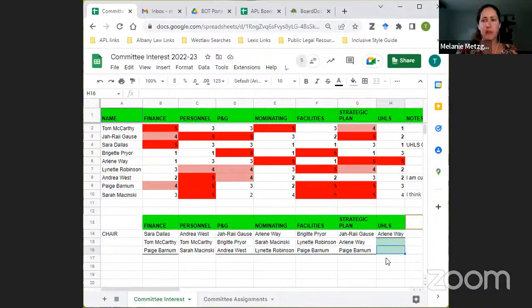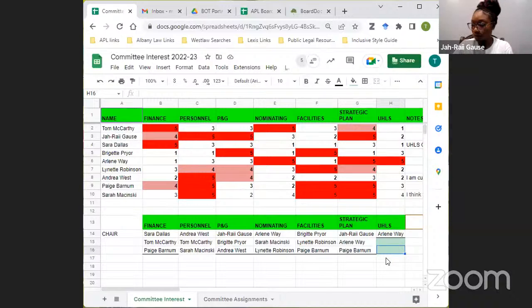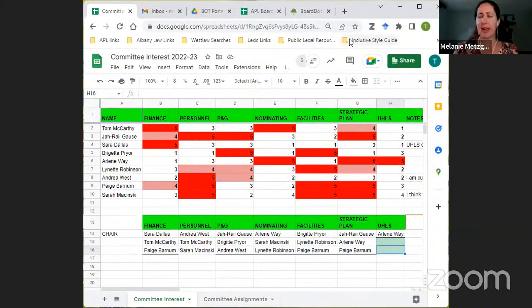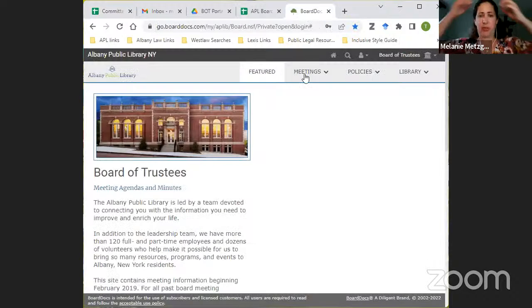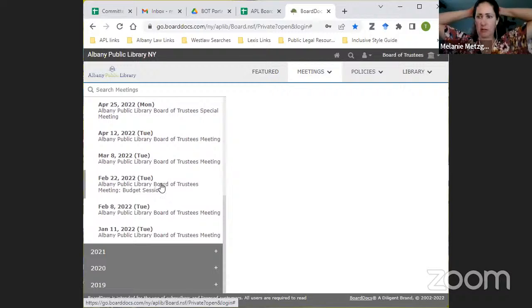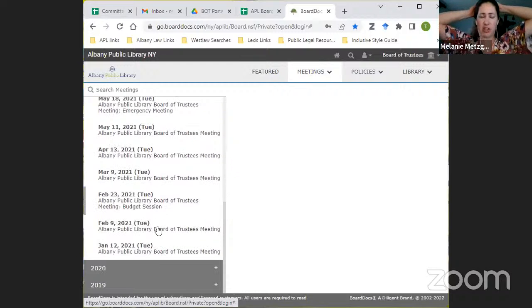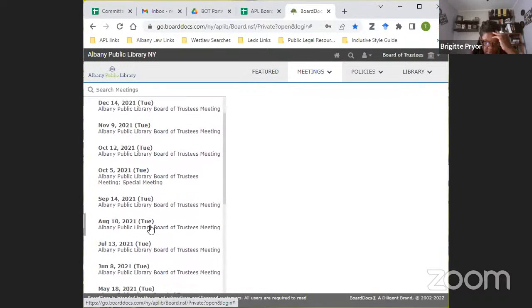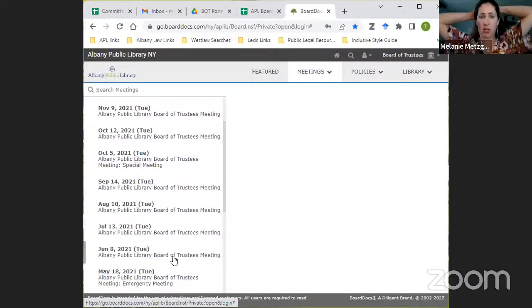I don't think so, because if I'm not mistaken, when we bring this to the full board, there's probably going to be some more shifting around. Potentially. I think this is a really well thought out group, and I think we took everybody's preferences into consideration, and strengths and weaknesses as well.